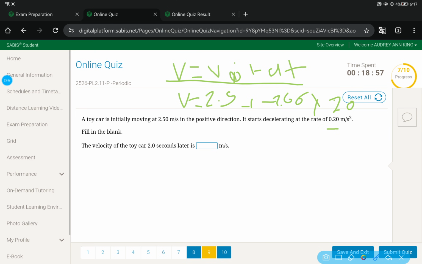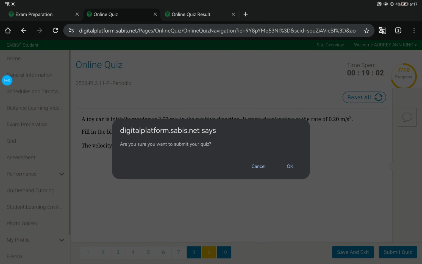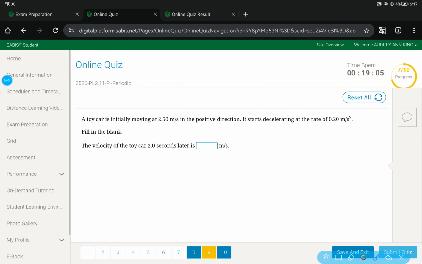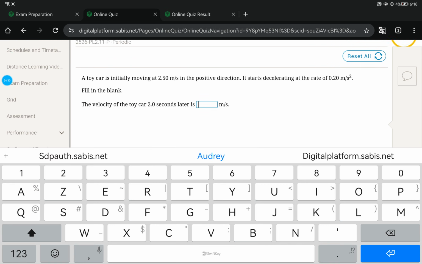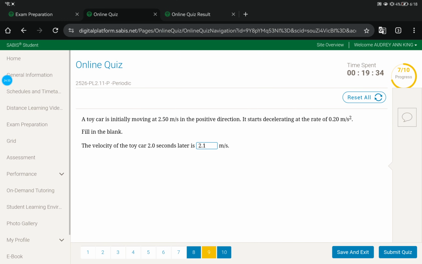Let me just write that down better. 2.50 plus negative 0.2 times 2. So you should get negative 0.4. So 2.50 minus 0.4, and you should get 2.1.